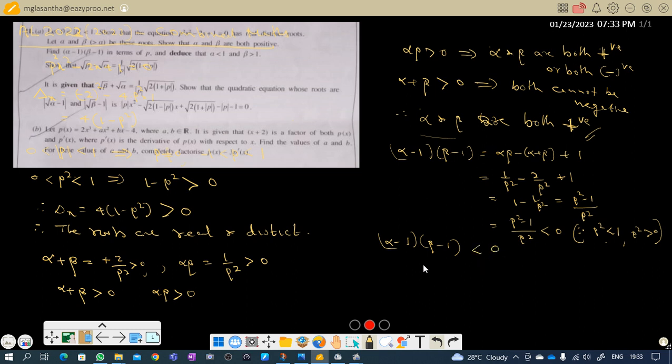So what does this imply? This implies that out of alpha minus 1 and beta minus 1, one of them should be negative. Both cannot have similar signs.